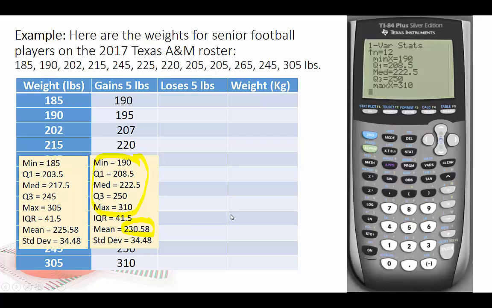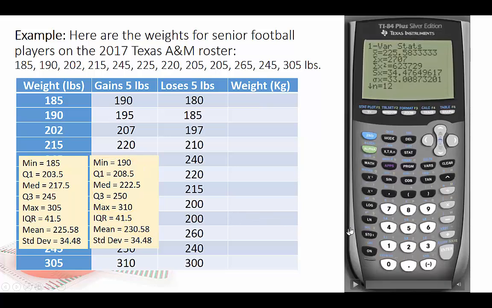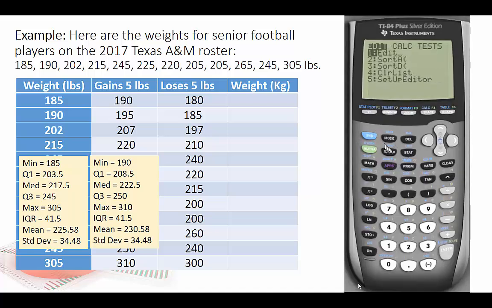Well, what if they lose 5 pounds? All right, so we can do the same trick. Well, it's not really a trick, it's a tool. Edit and take list 1 and subtract 5 pounds. So here I am selecting list 1, subtract 5 pounds.